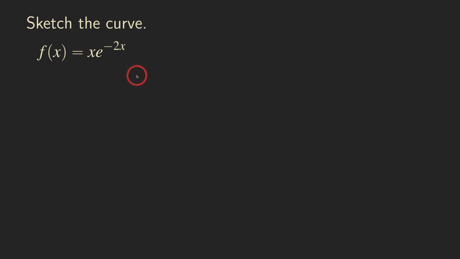But before we actually do that, I really just want to rewrite this function so that it looks different. One way that I can rewrite the function is to remove that negative exponent by bringing e to the bottom.